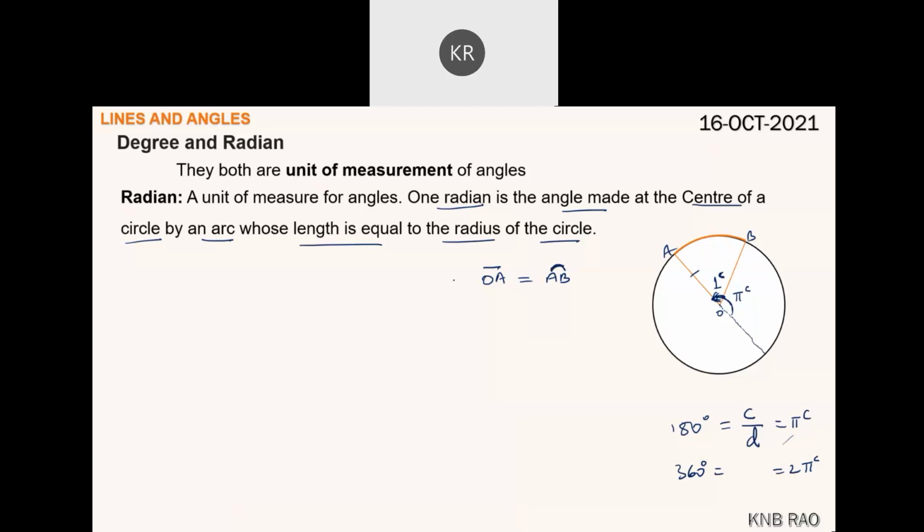OA and OB are both radius, their length is equal to the arc AB length. Then the angle formed between AOB is 1 radian. Am I clear?